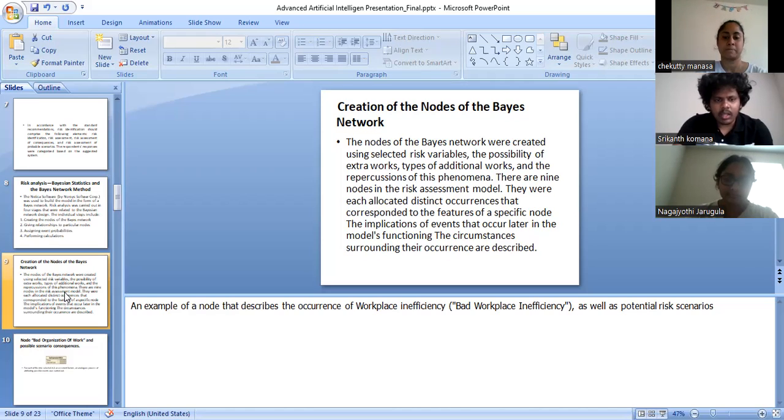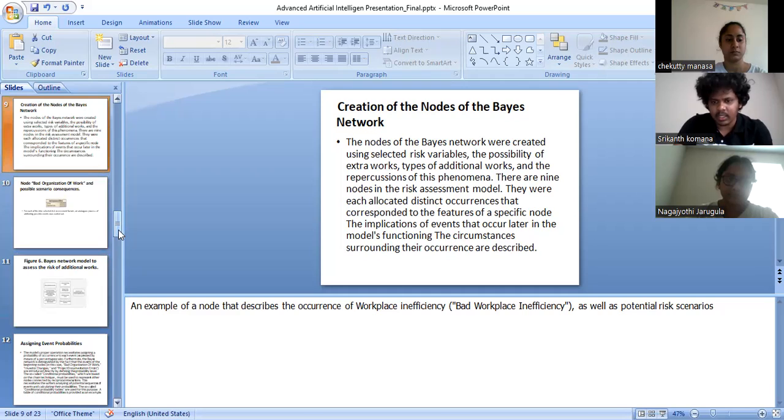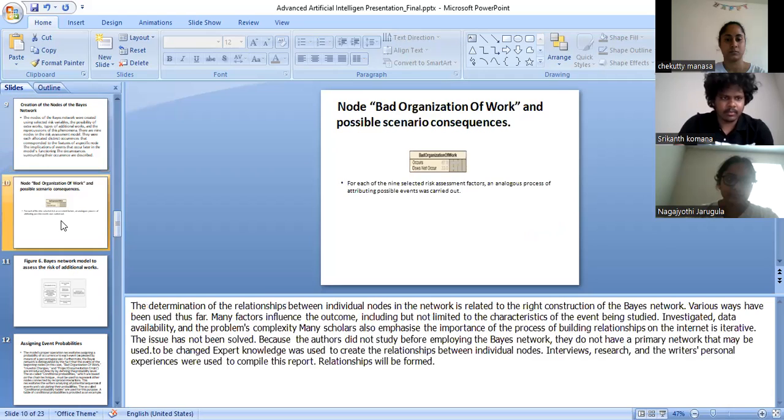For example, a node that describes the occurrence of workplace inefficiency, bad work organization, as well as potential risk scenarios and their consequences. Here is the occurrence and does not occur. For each of the 9 selected risk assessment factors, an analogous process of attributing possible events was carried out.